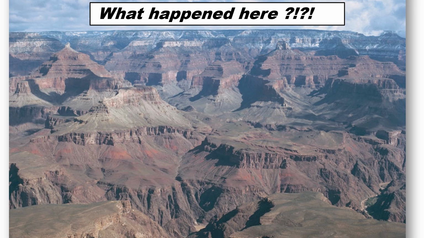And then there was a period of uplift where those rocks were well above sea level, and then the erosional cycle started wearing them down and incising the canyons. All right, so the Grand Canyon has been around for millions and millions of years. Certainly, a lot has happened there.